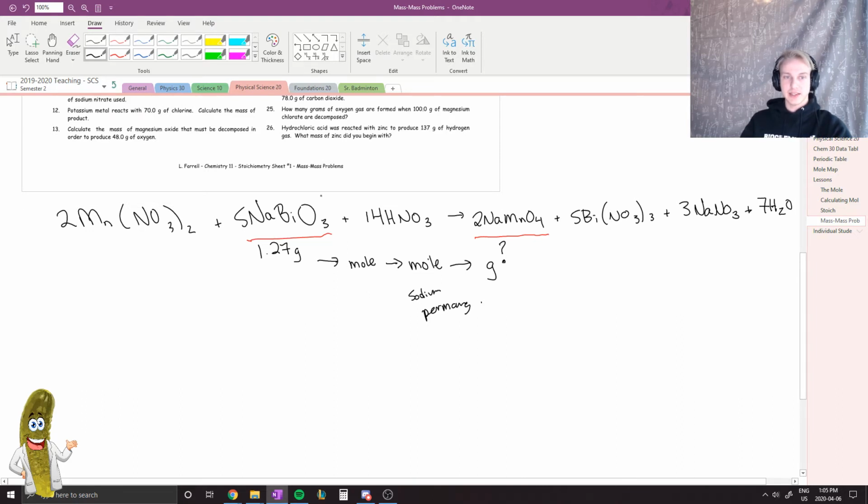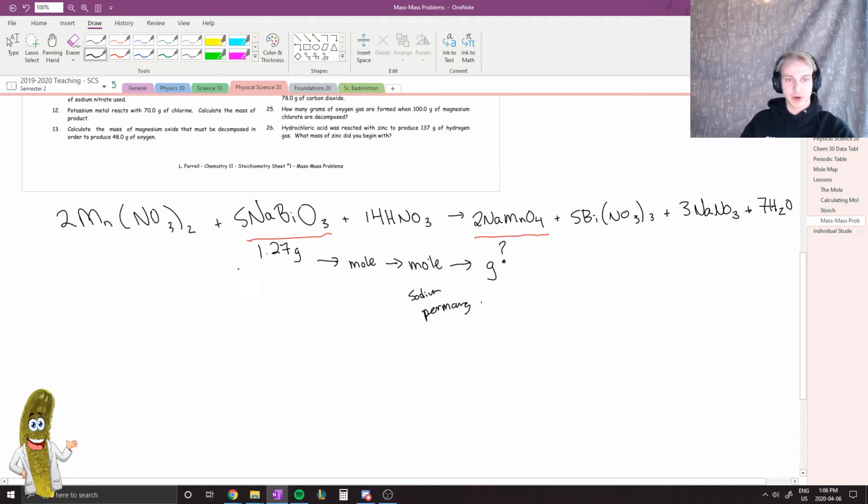The mole is the beautiful thing that allows us to do this conversion, because a mole of anything is just 6.02 times 10 to the 23. So we can go from grams to moles of the sodium bismuthate, then to moles of sodium permanganate, and then convert from there.